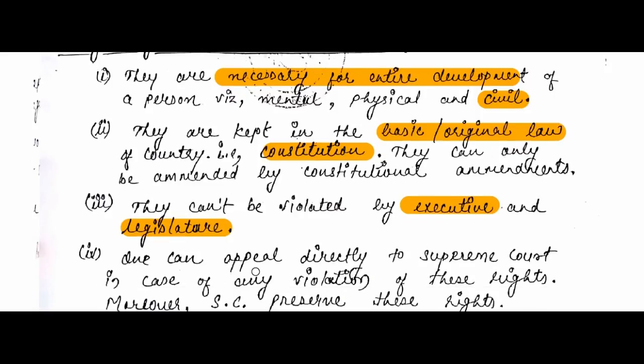Next is, one can appeal directly to Supreme Court in case of any sort of violation of these rights. Moreover, Supreme Court preserves these rights. That means Supreme Court is the custodian of our fundamental rights. It can interpret the constitution. It is the final interpreter of the constitution, as we know.